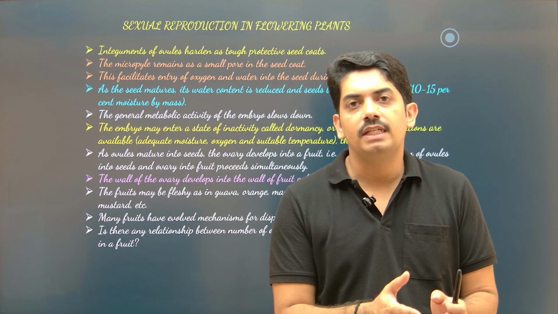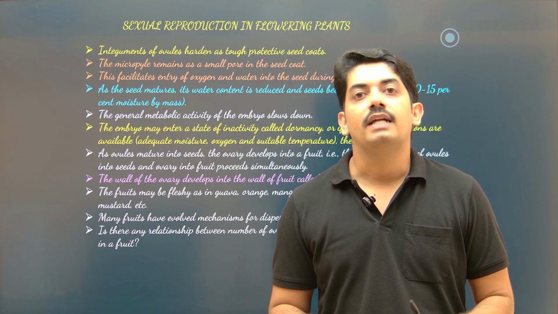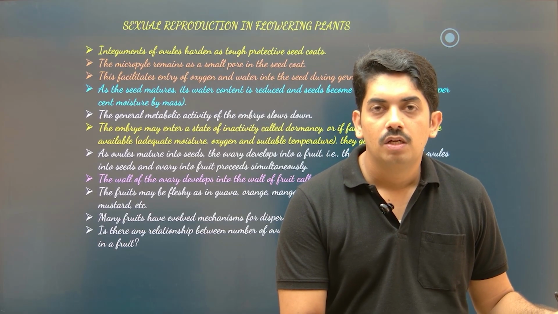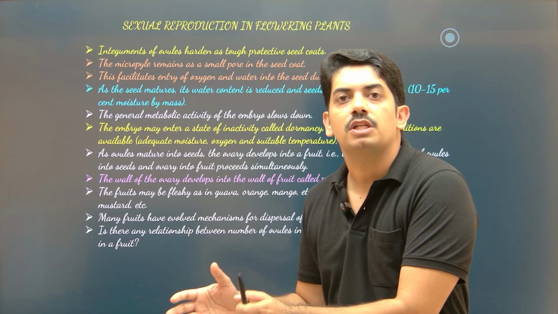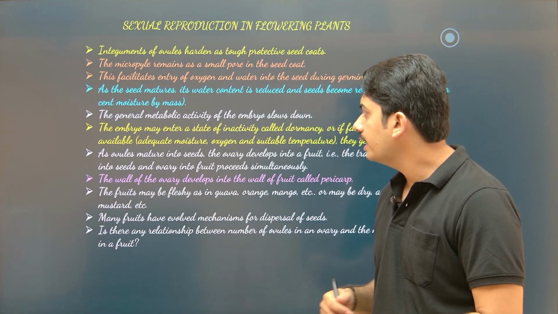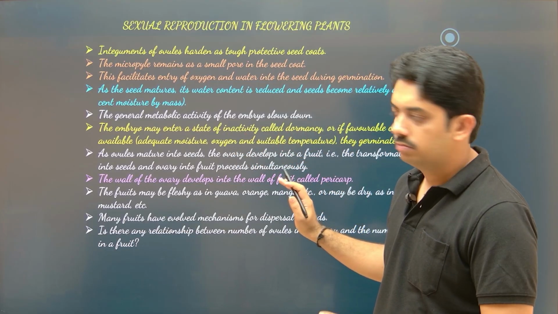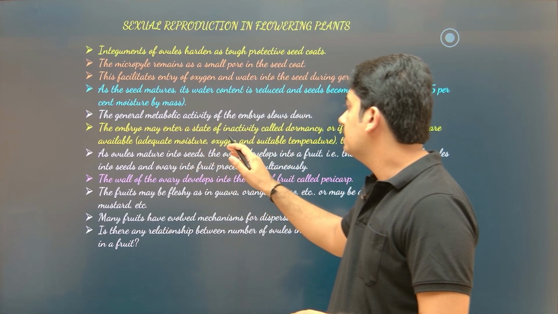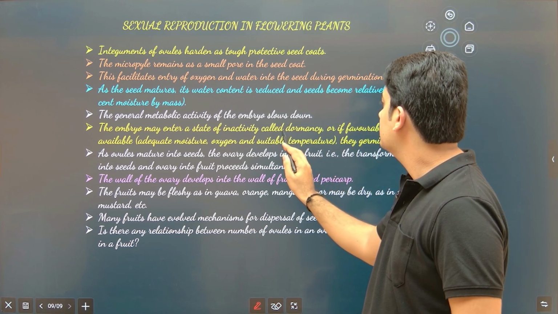But for a time interval, they slow down all their physiological activity and undergo dormancy to make sure that this seed will remain viable in the unfavorable condition, and on onset of favorable condition they can germinate. Okay, so the general metabolic activity of the embryo slows down, and the embryo may enter a state of inactivity called dormancy. This dormancy will vary.